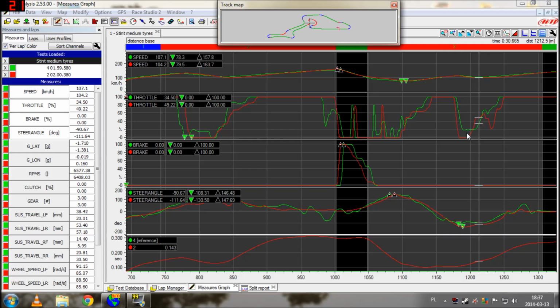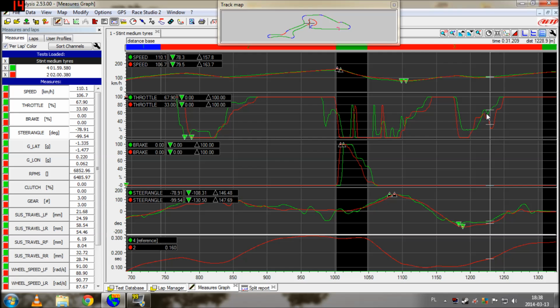But look here, there was no throttle here at all, but at the same time on the green lap I was at roughly 20% throttle, and then more throttle again, a little dip which should have been avoided, but an even bigger dip on the red lap, and again I was much faster on the throttle on the green lap.